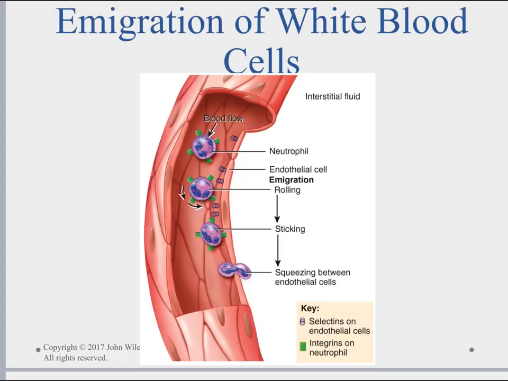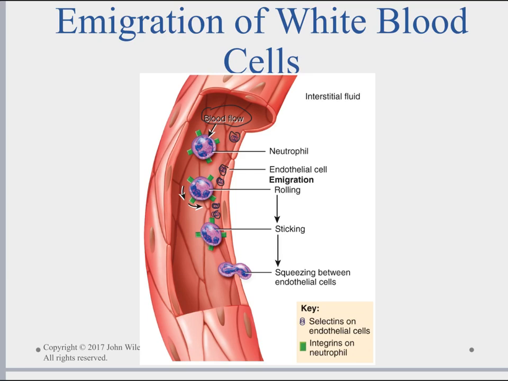So here's a picture explaining the emigration of white blood cells. Blood is flowing down, so we see this right here, and we have our white blood cell. On the surface of these white blood cells are proteins called integrins. These integrins, located on the surface of these neutrophils, are going to work with their counter receptors called selectins. So we see these little circular selectins, and basically what they do is allow for and contribute to leukocyte and endothelial cell activation.